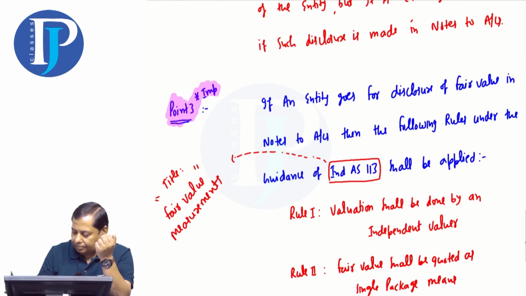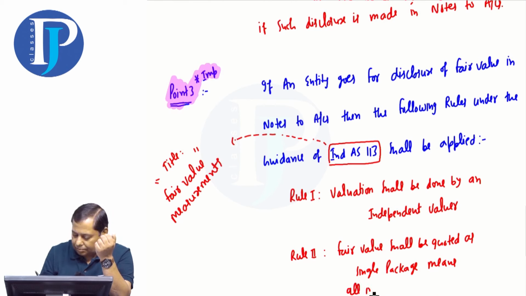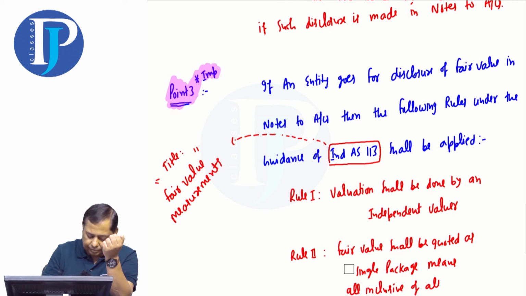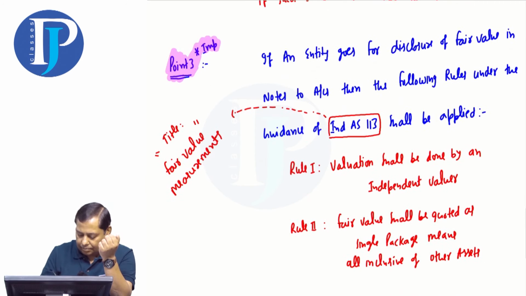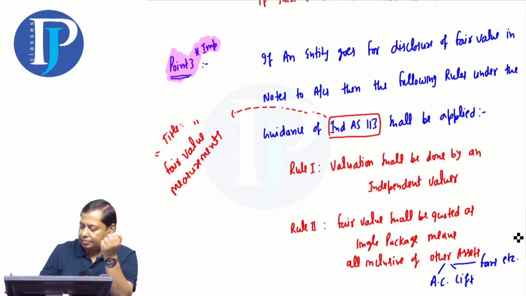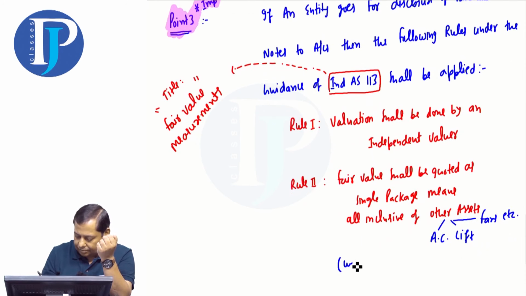It means all inclusive of other assets: AC, lift, fans, etc. We cannot consider value of other assets separately.